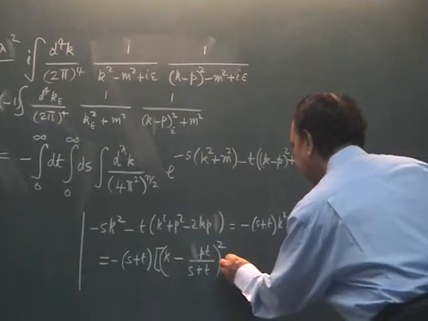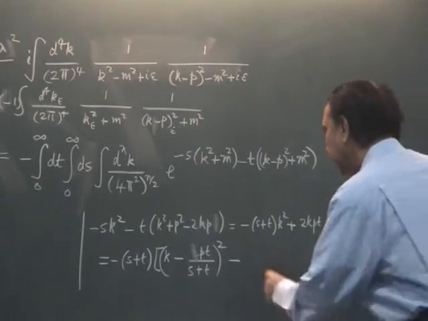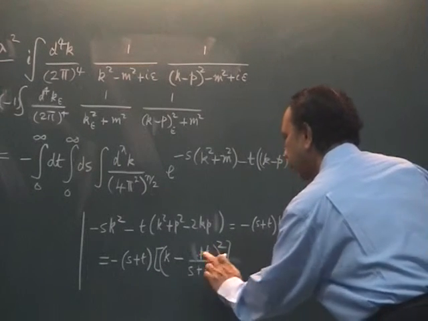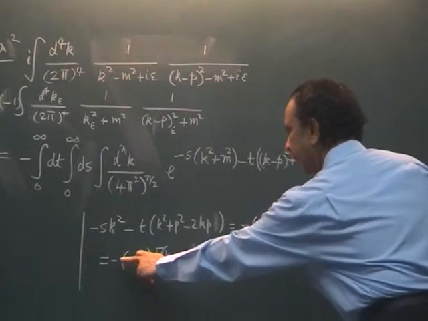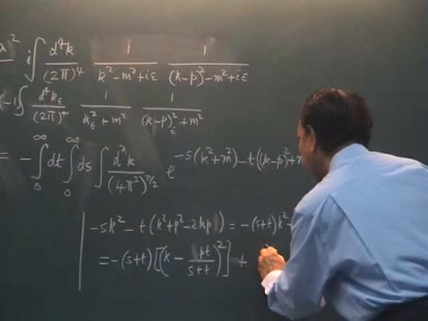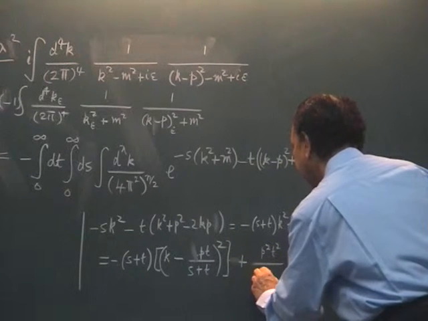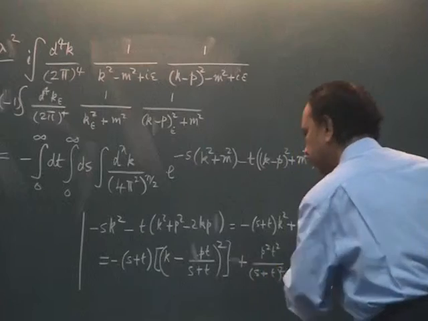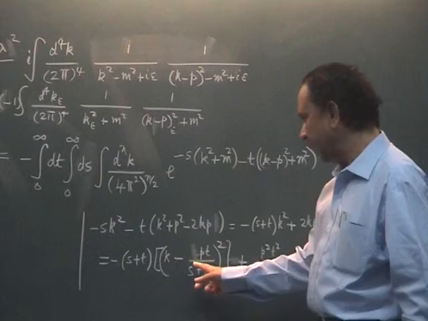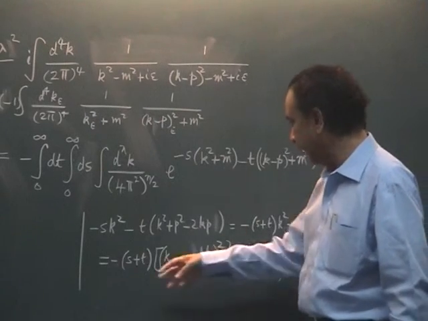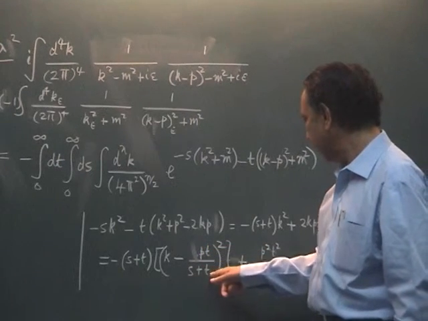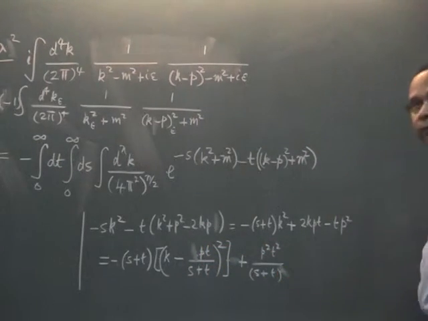So I only have to subtract out of it the square of this. If I subtract the square of that, I am going to subtract the square inside and with a plus here. So it will be plus p square t square upon (s plus t) the whole square. That is, the square of that has to be subtracted. So I will have a minus sign here and a minus sign here, that makes it plus. And the square of that will be p square t square upon (s plus t) the whole square. This is okay.